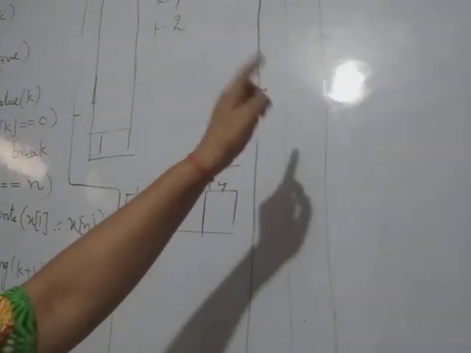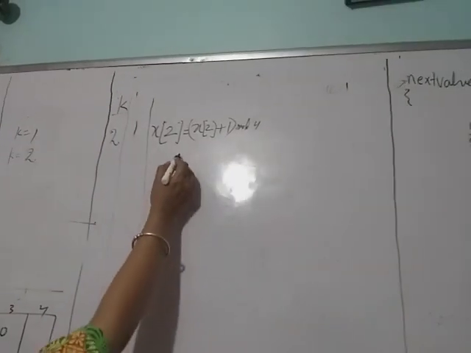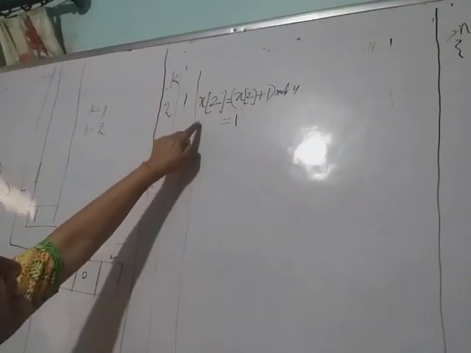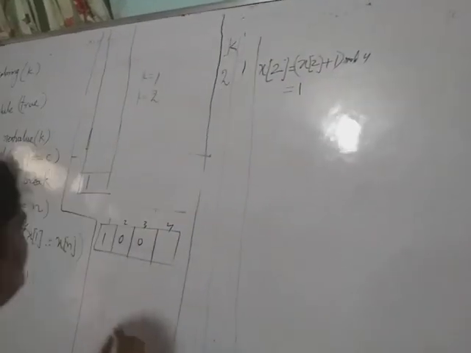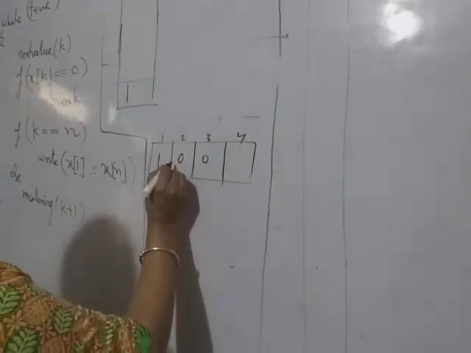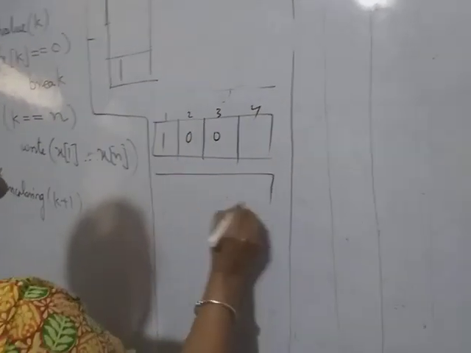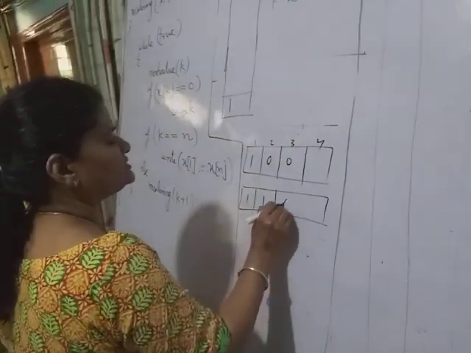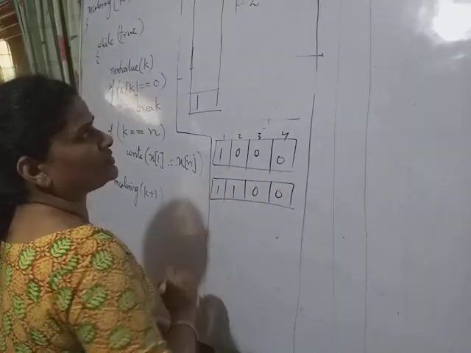The value of x2 is 0. So 0 plus 1 mod 4 is what? 1. So now the x2 is 1. So simply just here in the x vector, this is updated: 1 1 0 0. Okay, now the x2 is 1.